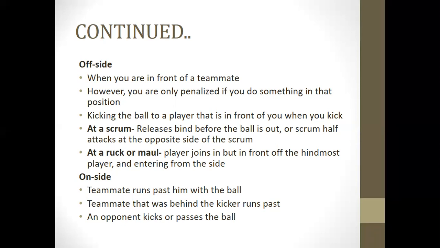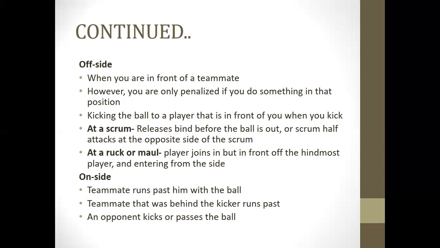So a scrum is where you have 8 forwards bound together, 3 in front and then 4 at the back of the 3, joined together by pushing their heads into each other at the hips, and obviously locking in with the arms. If, when the scrum is active, you let go of that bind, then that will be penalized again.